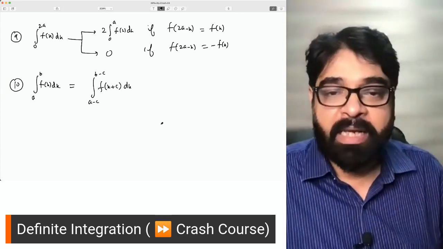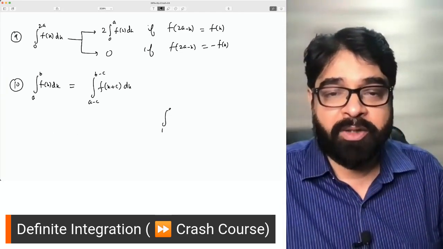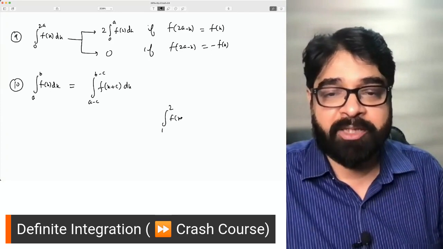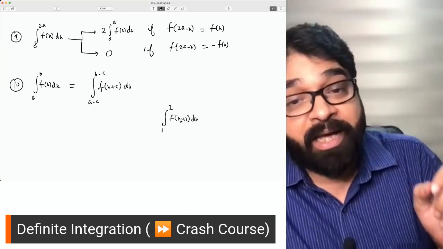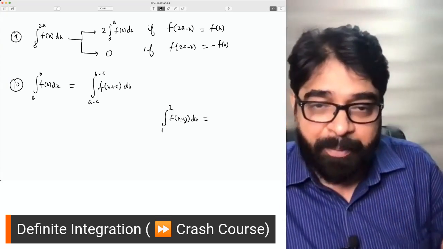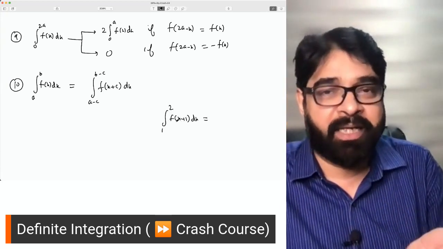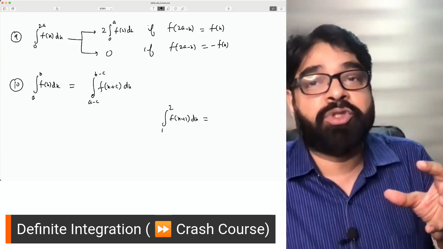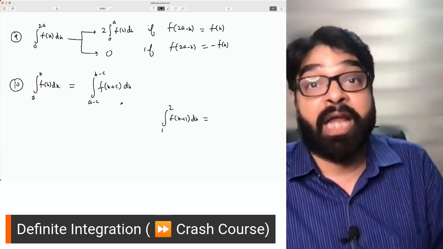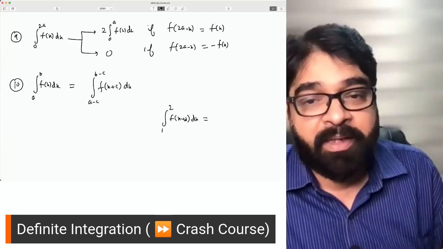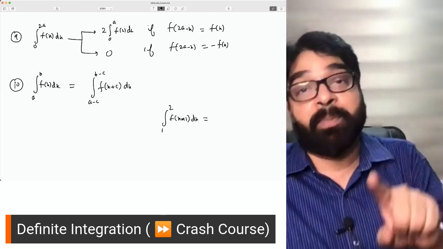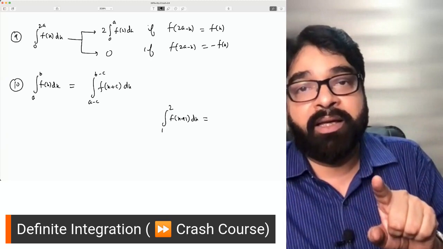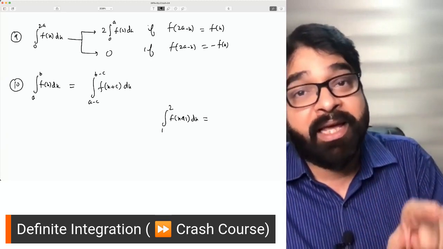Suppose I say the integral from 1 to 2 of f(x plus 1) dx. Can I write it in terms of f(x)? Yes. This is basically the substitution property, but you have to use it very frequently. It will save your time. I have x plus 1 and I want x, so I have to replace x by x minus 1.